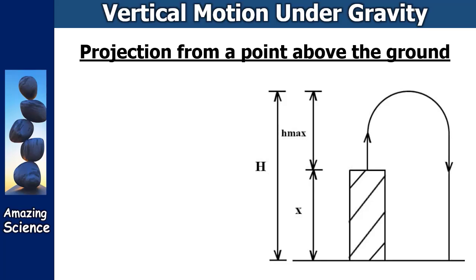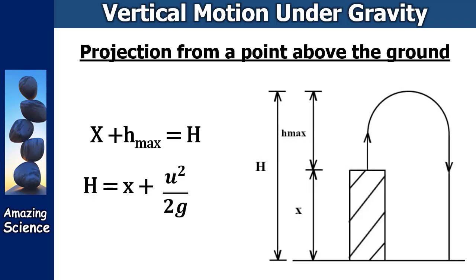And so for us to find the total height the body can reach from the ground to that maximum height, we have to add the x and the h max. And from the diagram, adding the x and the h max will give you the capital H, which is the total height the body can reach from the ground. And so the total height, capital H, will be given by x plus u squared divided by 2g.